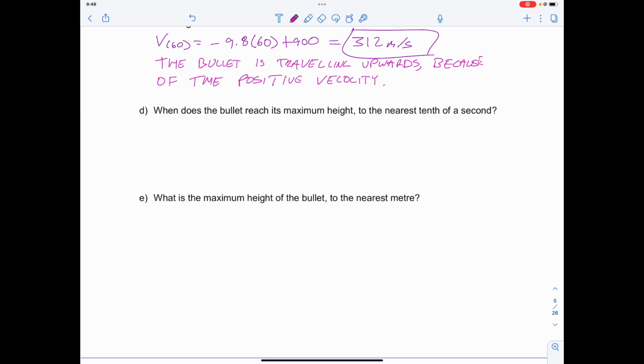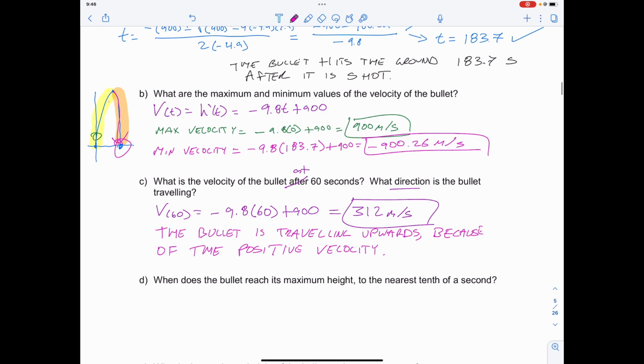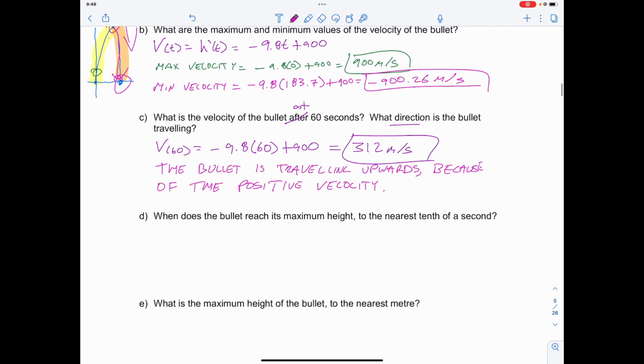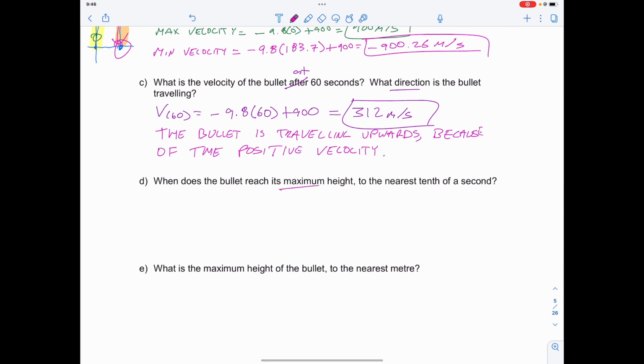When does the bullet reach its maximum height to the nearest tenth of a second? Well, what do we know about the maximum height? We can see that it's going to come upwards, hit its maximum height, and then come back down again. And right at that turning point, we know that's when the velocity changes from positive to negative, which means that the maximum height in this case is just a fancy way of saying the velocity is equal to 0.